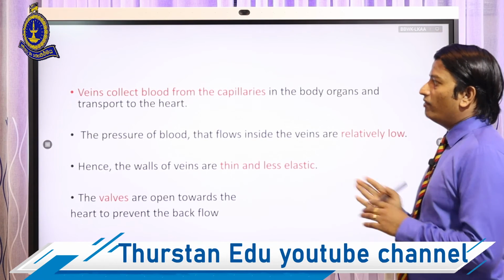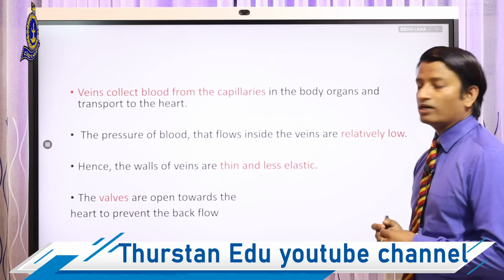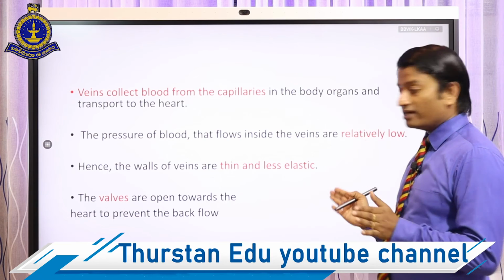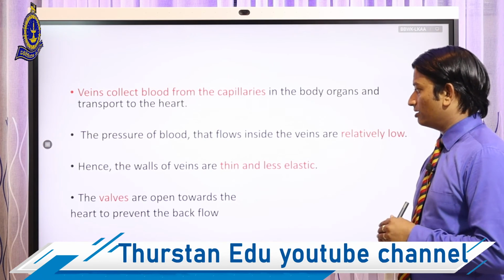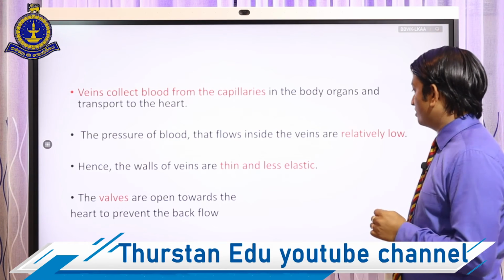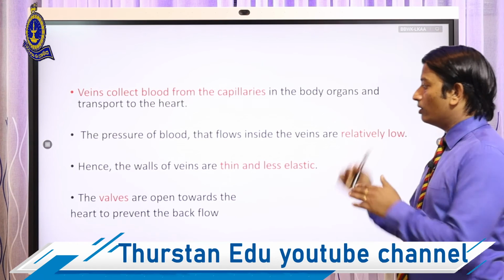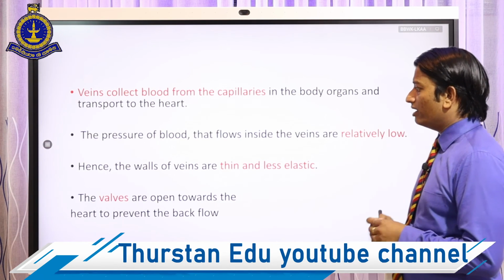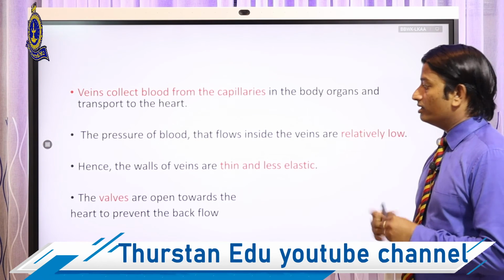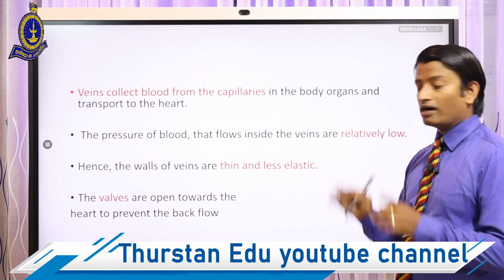Then veins collect blood from the capillaries in the body organs and transport it. Also, we can study here the pressure of blood. The pressure of blood flowing through the veins is relatively low, lower than in the arteries. Therefore, the walls of veins are thinner than those of arteries; artery walls are thicker.